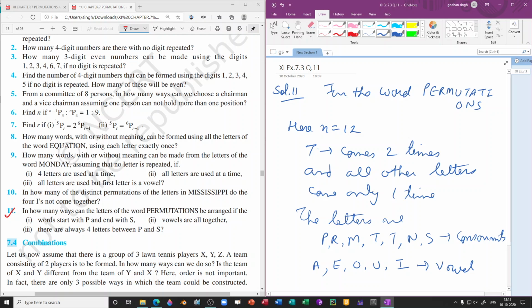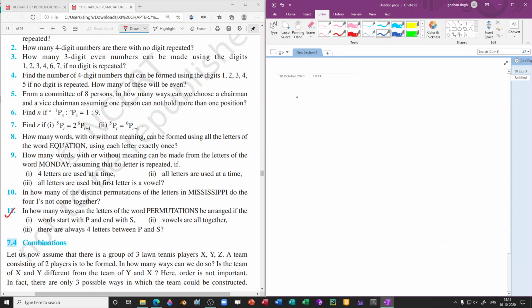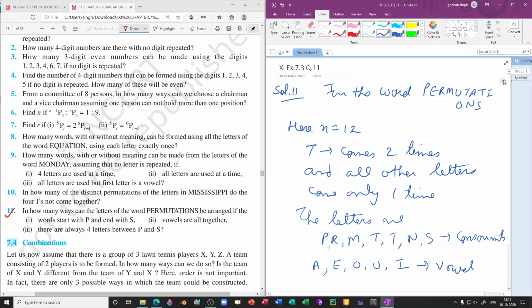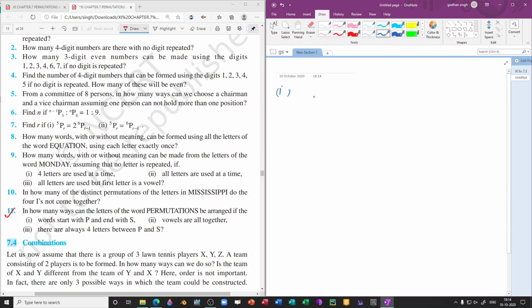So now we'll do the first part. What is the first part here? Words start with P and end with S. And what is the value of N? We have seen that N is 12. So that means you have to fill up 12 places.